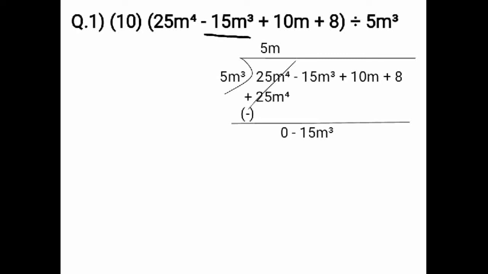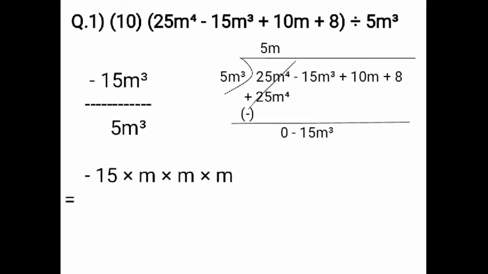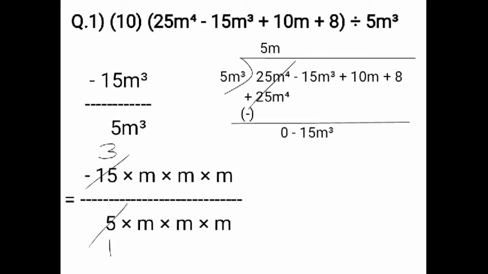Okay, minus 15m cube upon 5m cube is equal to minus 15 into m into m into m upon 5 into m into m into m. Table which is going to do the cancellation now. 5 ones are 5, 5 threes are 15.